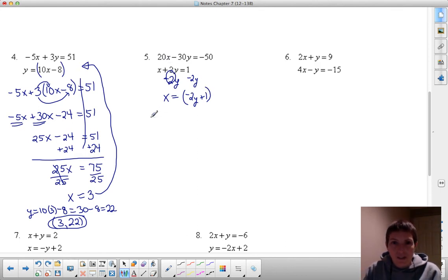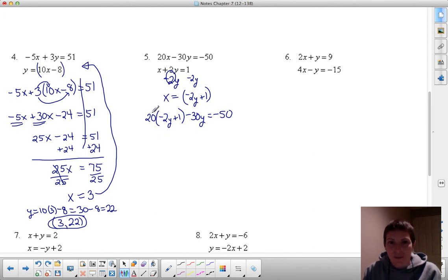So we start with 20 times x, so 20 times negative 2y plus 1, and then we continue the equation: minus 30y equals negative 50. We've made the substitution, and now we have a problem with just one variable, so we can solve it with our chapter 4 rules.